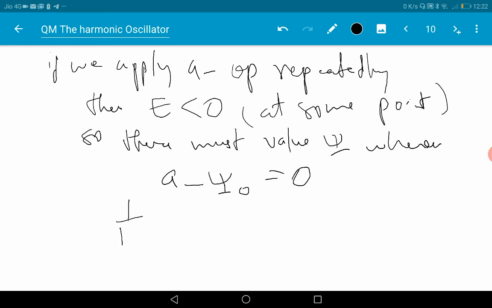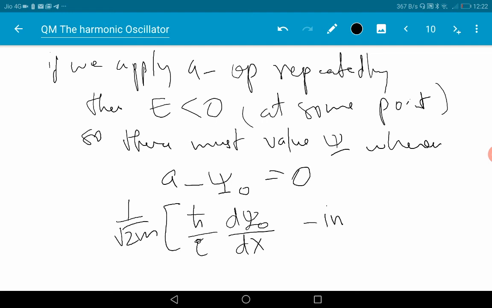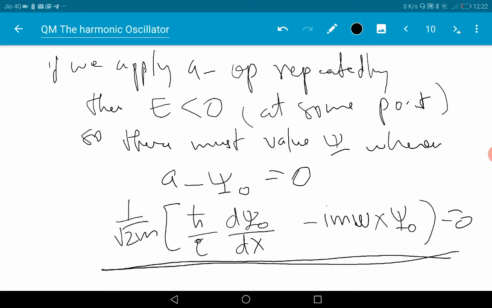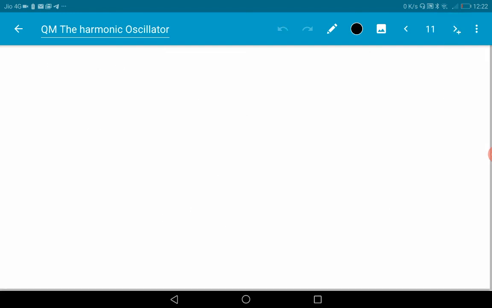For this we can just substitute a minus, and calculate psi naught this way: h cross by i d psi naught by dx minus i m omega x psi naught is equal to 0. We need to solve this to get the lowest psi naught such that E is not less than 0.